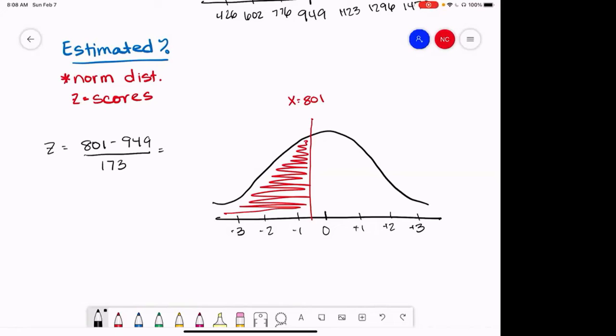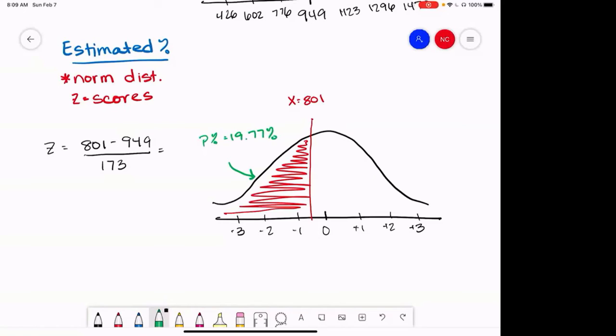And when we look up our information on that negative z table, you should get a percentile, right, for this shaded area, a percentile that reads 19.77%, or 0.1977, right?